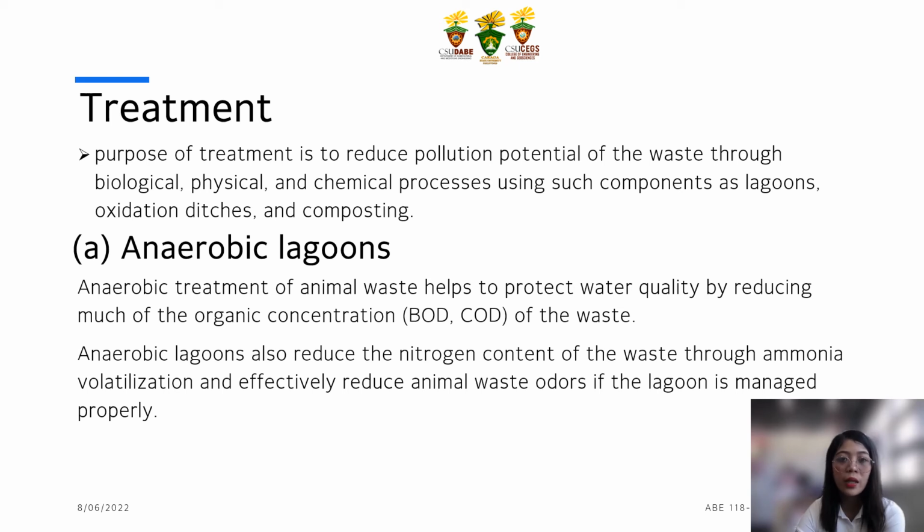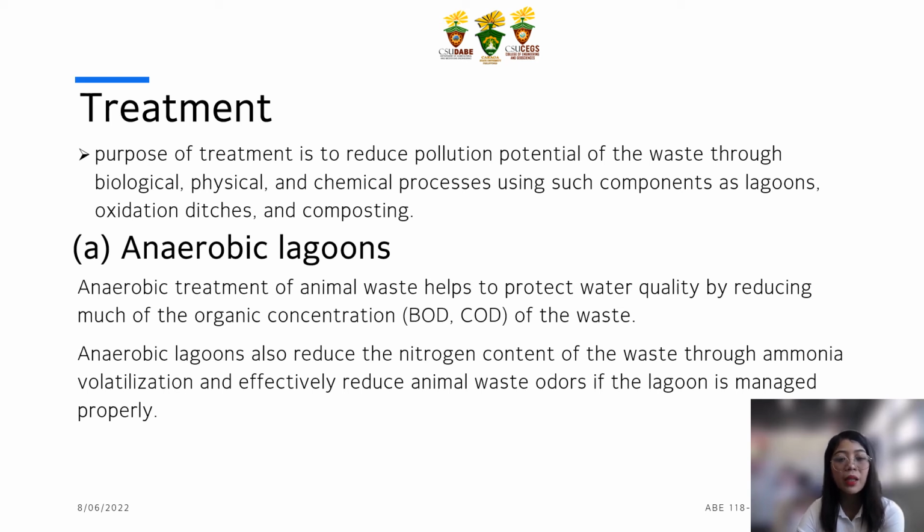Treatment also includes any step that might be considered for pre-treatment, such as solid separation and drying, and dilution that prepares the waste for handling and other functions. By their nature, treatment facilities require a higher level of management than storage facilities. First, we have the anaerobic lagoons.